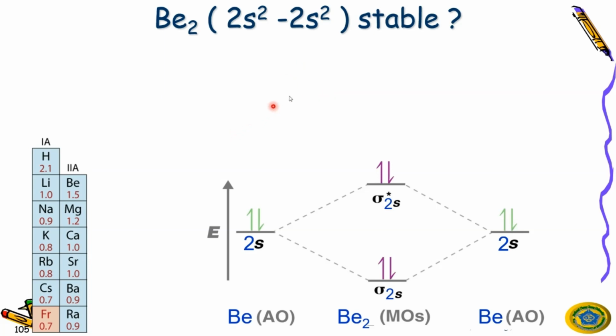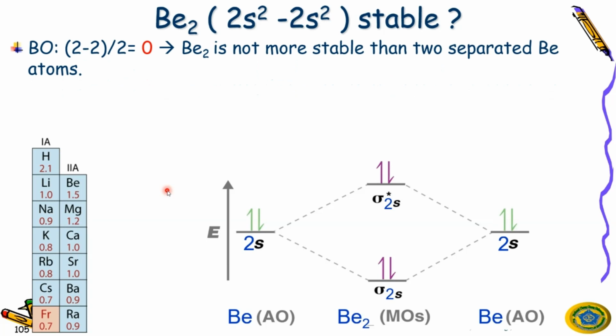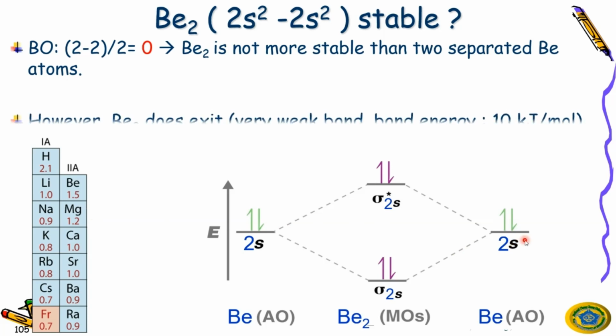Okay, so let's go back to this one, S2S and S2S. Is this stable? The bond order is 0, right? So the barium molecule is not more stable than 2 separated barium atoms. That's what we learned.